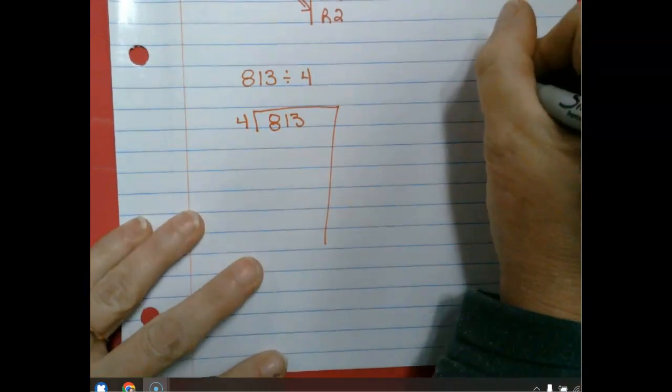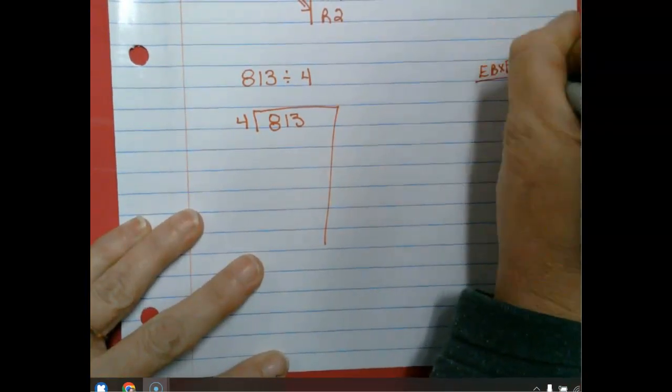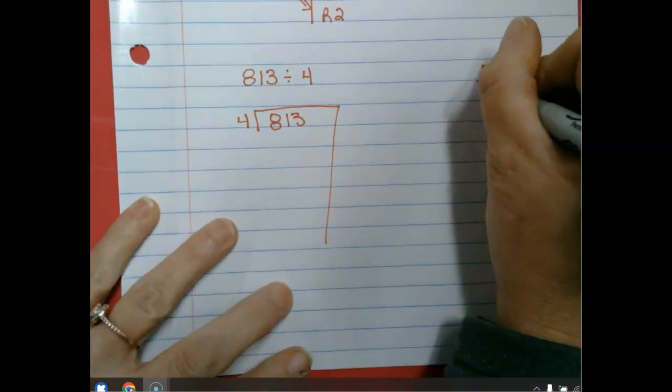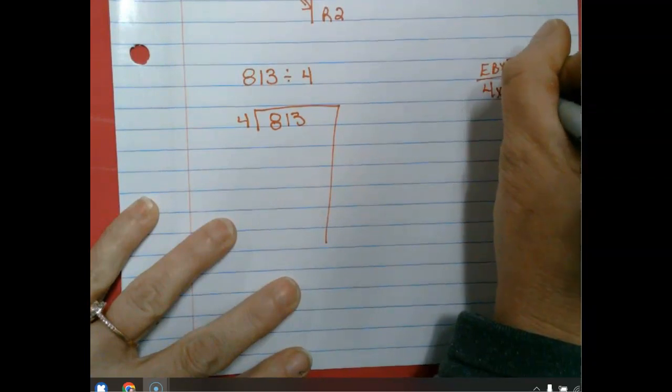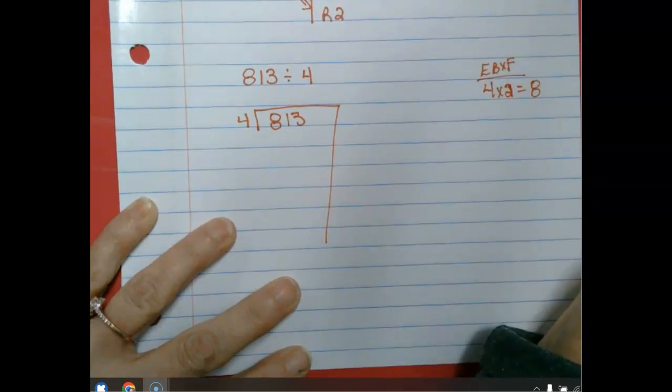Now, over here, under my easy breezy multiplication facts, I'm going to list some facts of 4. Okay? So let's start with 4 times 2. Okay? 4 times 2 is 8. Easy enough.